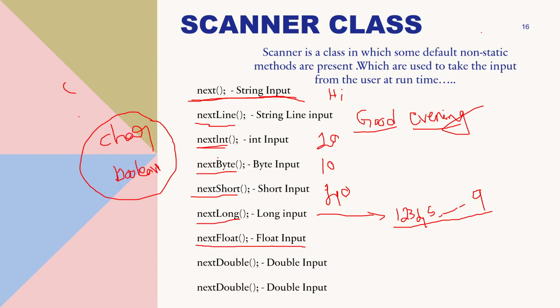We have a method called next to take string input. We have a method called nextLine to take string line input. We have a method called nextInt to take integer as the input. nextByte to take byte as the input.